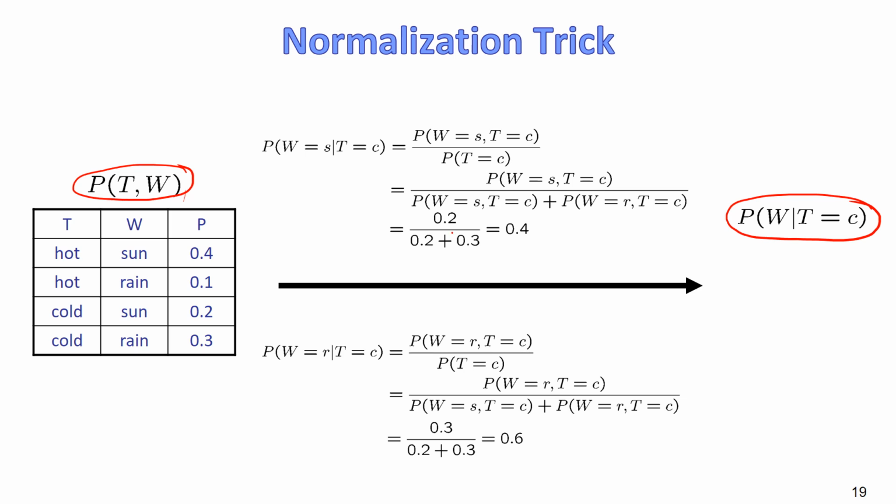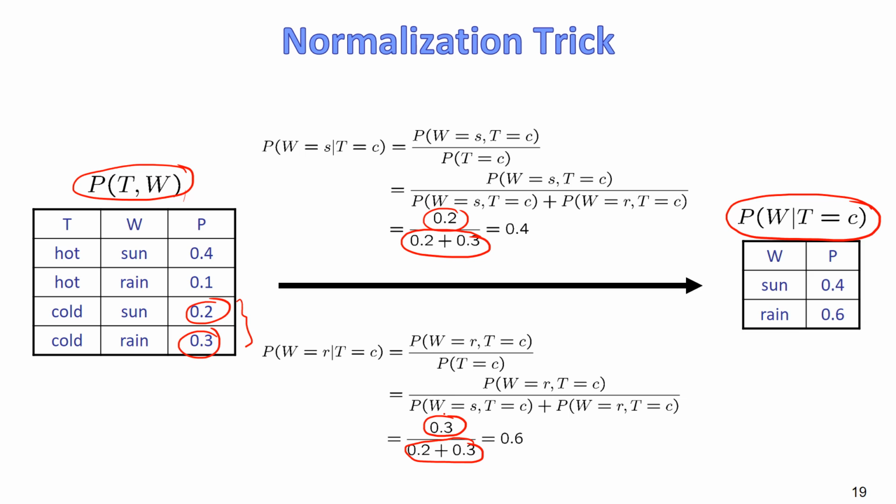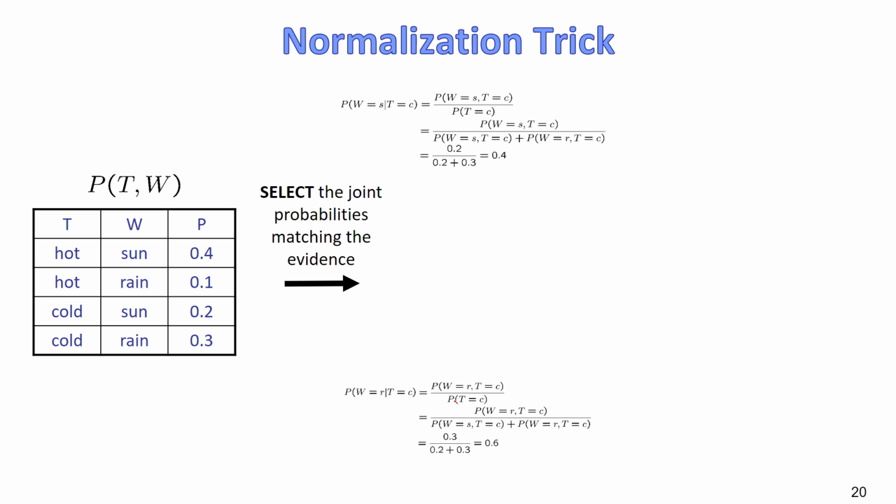As I said, we noticed that these two values are the values in these two rows, and the value of the denominator is the sum of these two values. So the normalization trick includes two steps. The first step is to select the joint probabilities that match the evidence. Where is the evidence here?